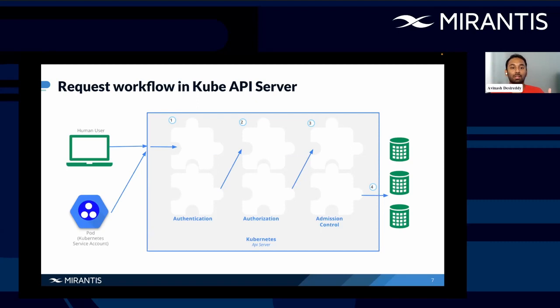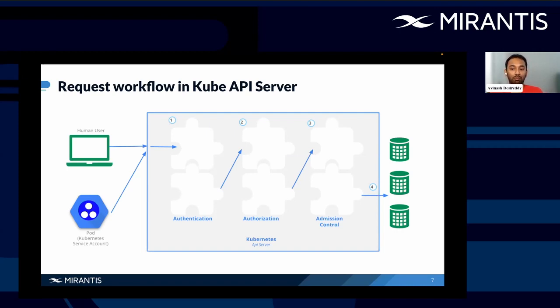And if the request gets accepted from the authorization stage, it will be passed on to the admission controller step. The admission controller is a piece of code that intercepts the request it received and manages it.